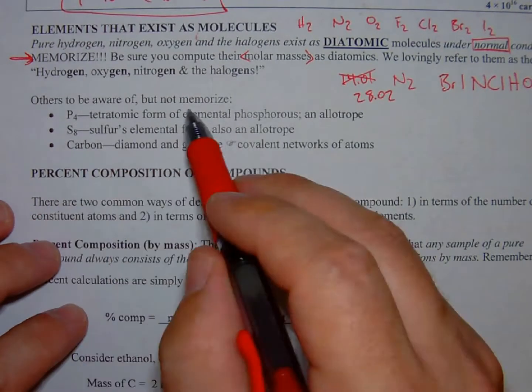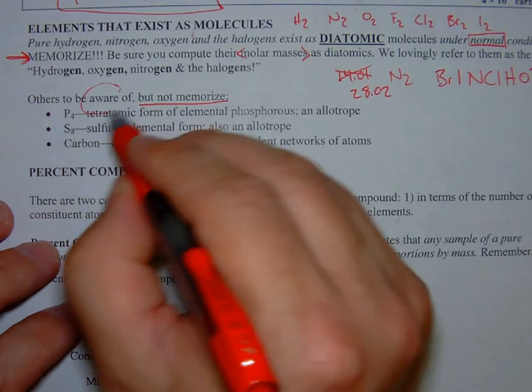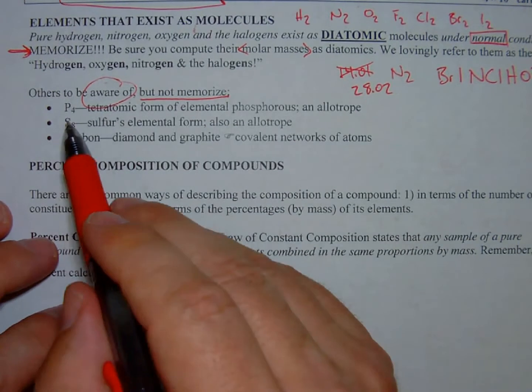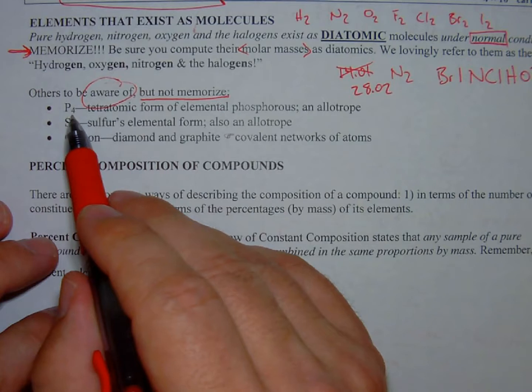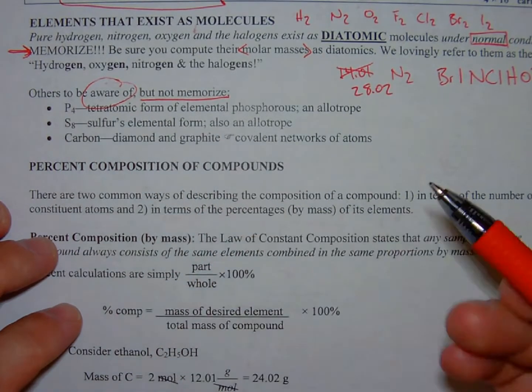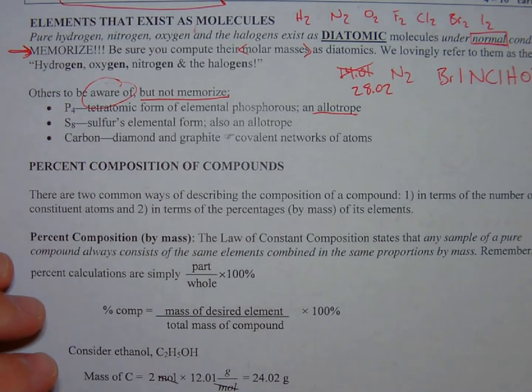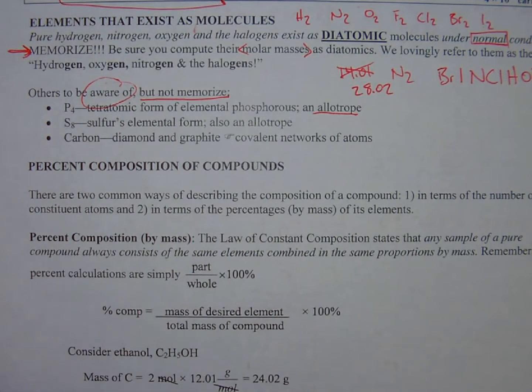A couple of others that you might see, you do not have to memorize them, but I don't want you to freak out if you see them. Phosphorus 4, P4. It's a tetratomic form of elemental phosphorus. It's an allotrope. It's made up of the exact same stuff, phosphorus. It's just shaped in a different way.